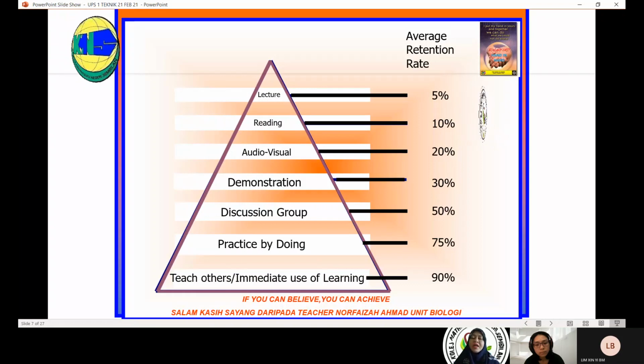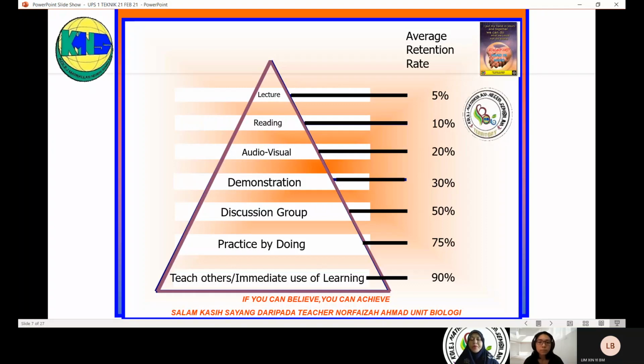Meaning after you have done your tutorial class or your lecture class, or you go through whatever exercises from your Google Classroom that had been assigned by your lecturer, make sure you first must practice by doing.